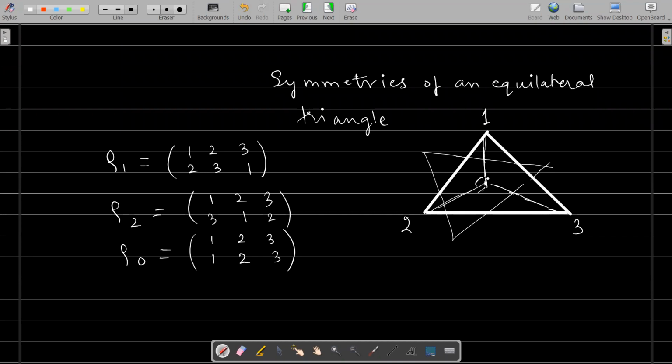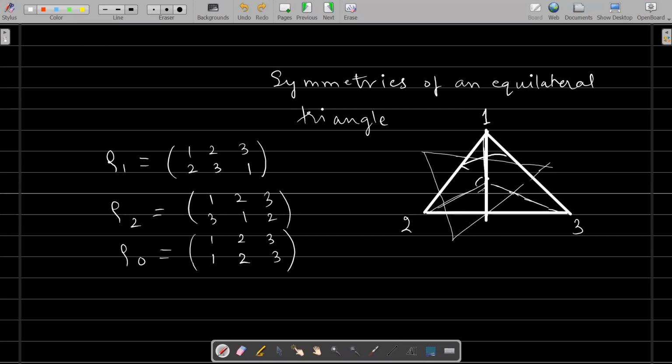So for example, if I place a mirror at vertex 1, and if I take the mirror image along that mirror, so this line will fit onto this line, this part will fit onto this part, and vice versa. That will be a symmetry of the equilateral triangle, right?